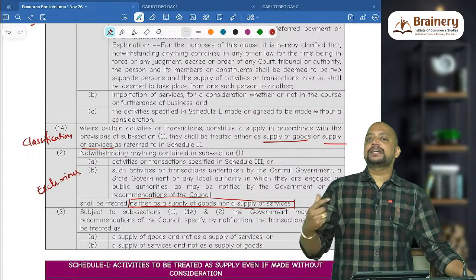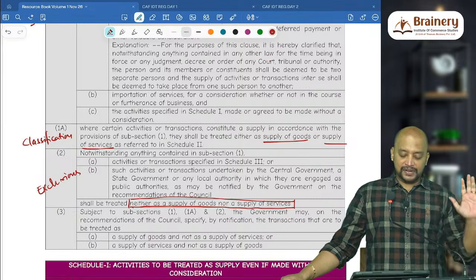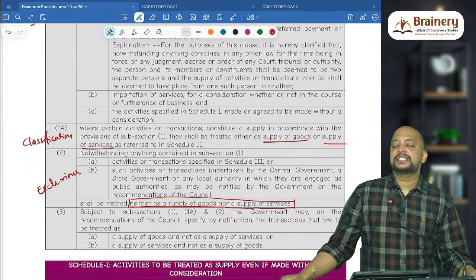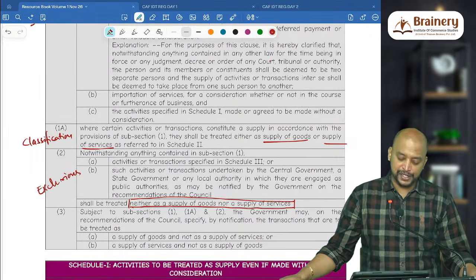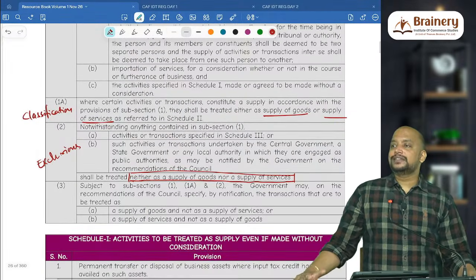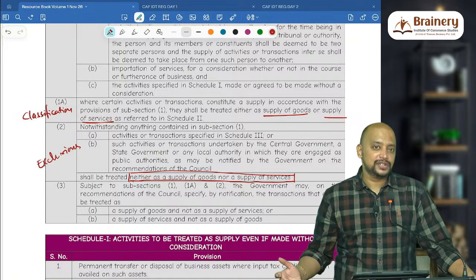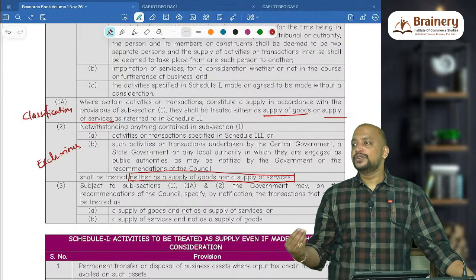Once an activity becomes a supply, we will divide it into goods or services. That will happen in 7 subsection 1A read with Schedule 2. Why should we divide the supply into goods or services? Let it be goods or services, it is going to be the same GST only. Why should we classify?